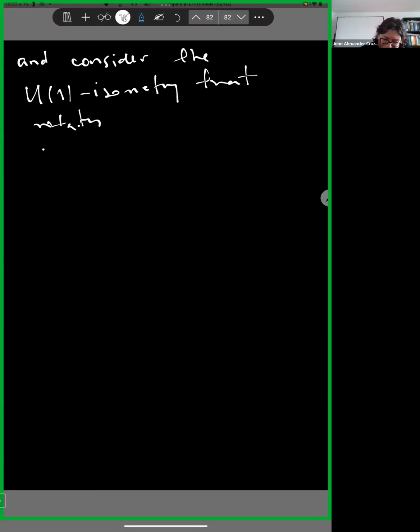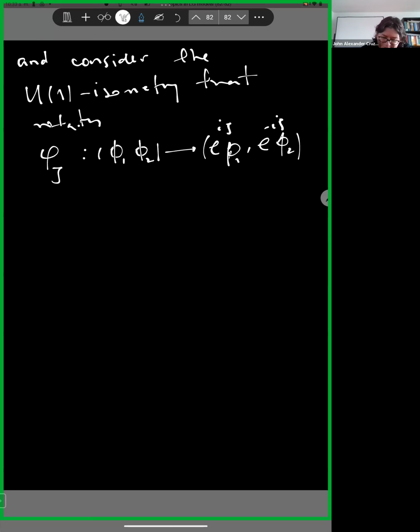So we just take this phi, this theta, or just take two complex numbers and take it to A e to the i theta V1 and e to the minus i theta V2. And this theta is a real number, right?